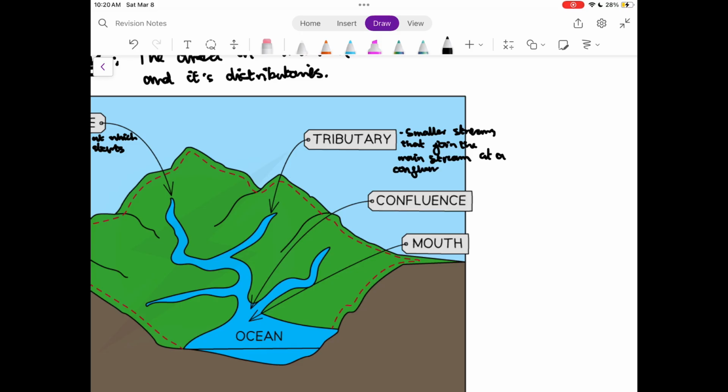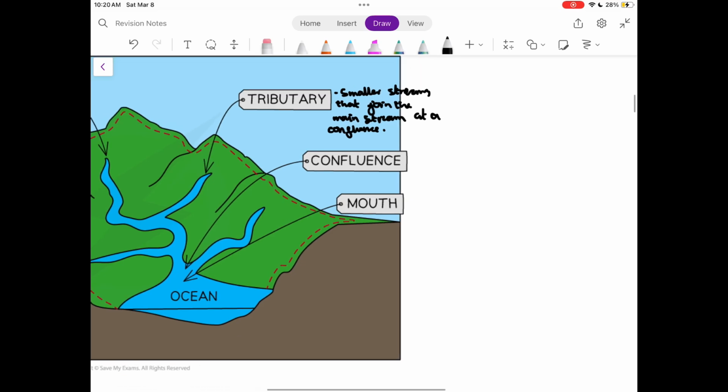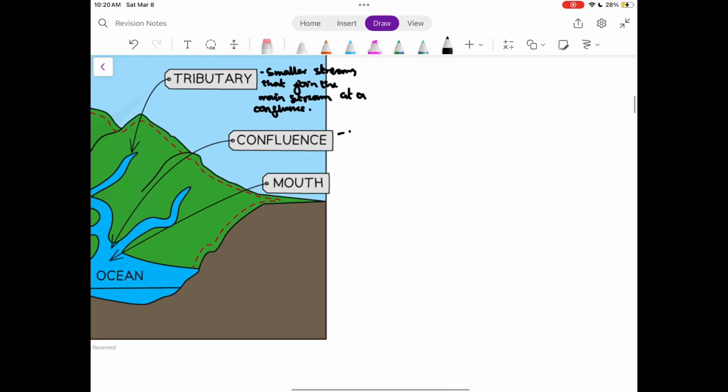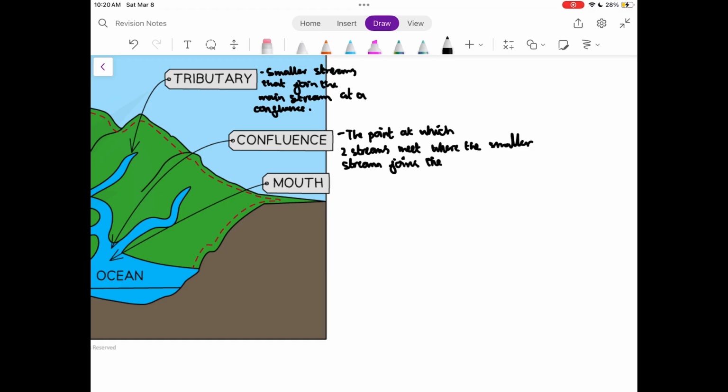And this leads us to the definition of confluence, which is the point at which two streams meet, where the smaller stream joins the main stream.